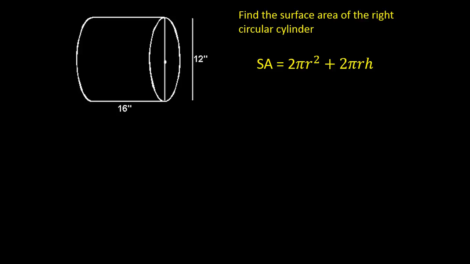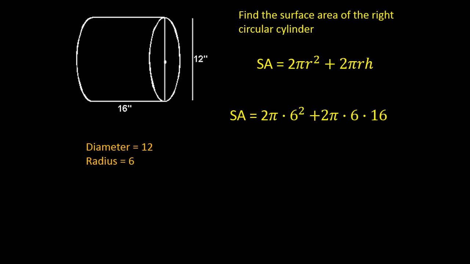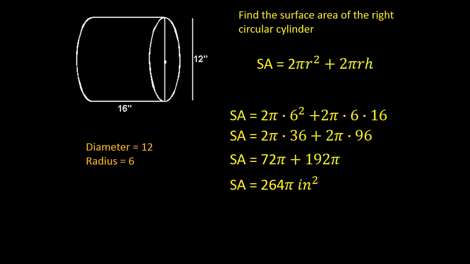The 12 is not the radius. The 12 is the diameter. So the radius would have to be 6, half of that diameter. And that gives us a surface area of 2 pi times 6 squared plus 2 pi times a radius of 6 times a height of 16, which is 264 pi square inches.